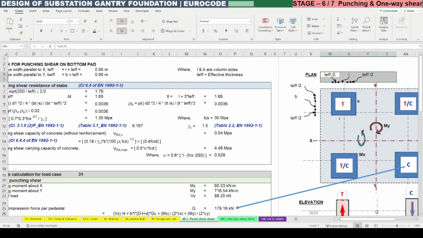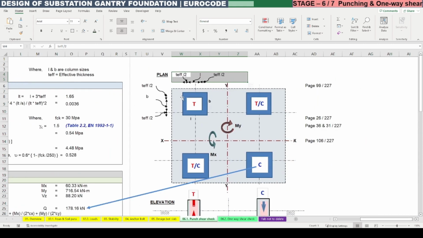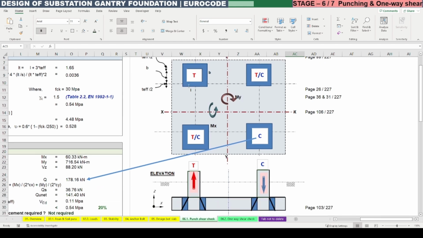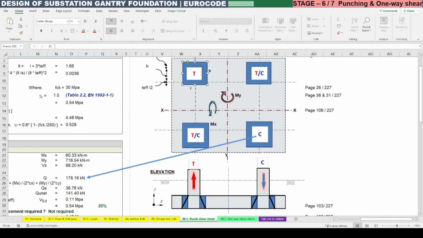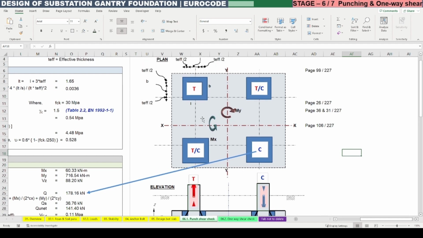The punching shear will occur in the circumferential strip of the column face. You can see the columns which are subjected to tension or compression, or only compression or only tension, according to the bending moment.